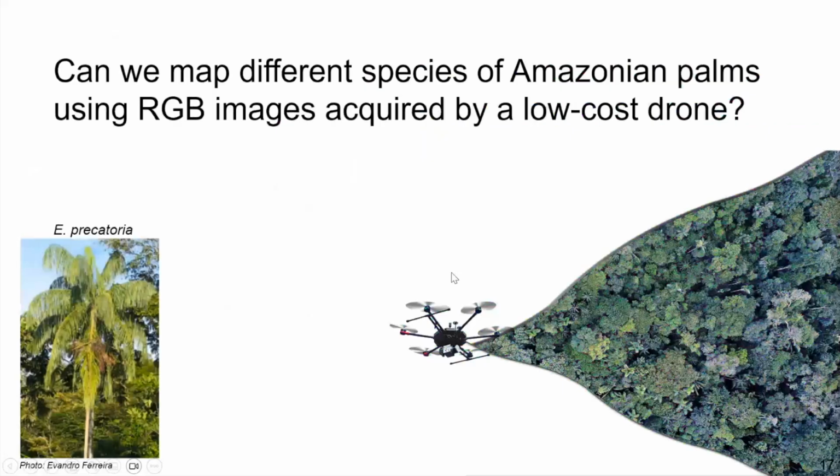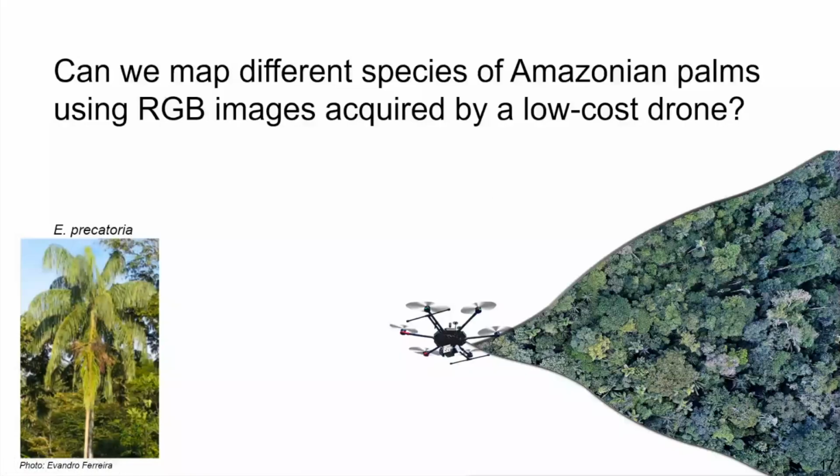The first work I will present is related to the discrimination of palm species in the Amazon. Here in this paper, we asked if we can map different species of Amazonian palms using RGB images acquired by a low-cost drone.